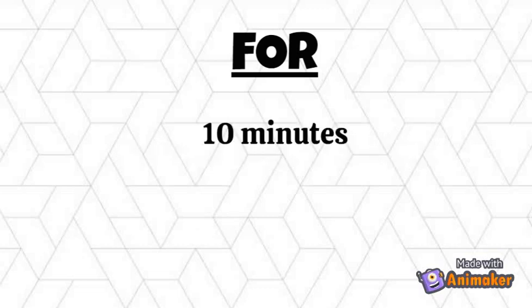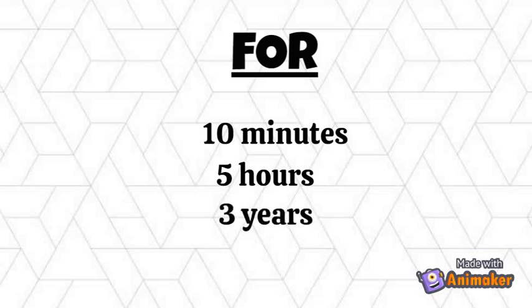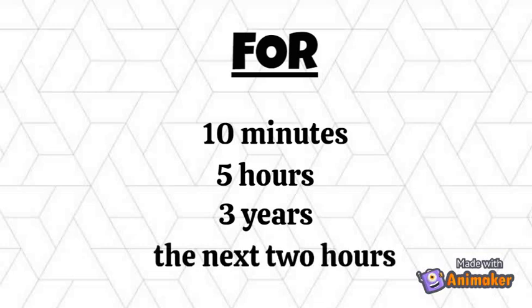It can be 10 minutes. 10 minutes is a length of time. 5 hours is also a length of time. It can also be 3 years or the next 2 hours. So we can say for is used when we measure the duration of something or how long it lasts.